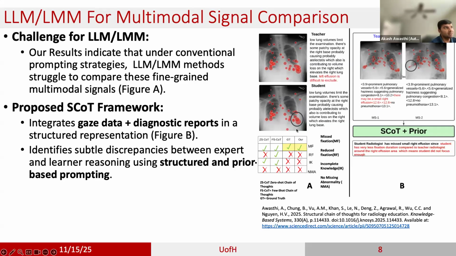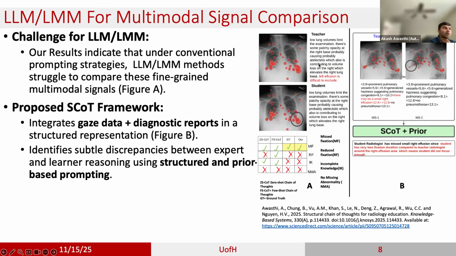For this case, the missed abnormality is left effusion. And why is it missed? It is missed because the fixation points are few, which means the student did not explore this area much. So under the current prompting strategies, LMMs can compare, but they are not able to give the right label.